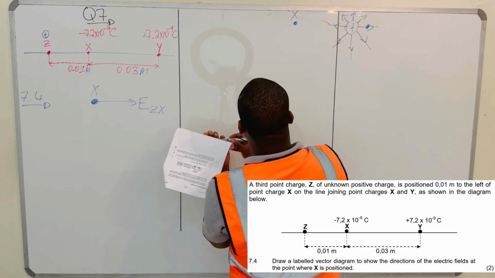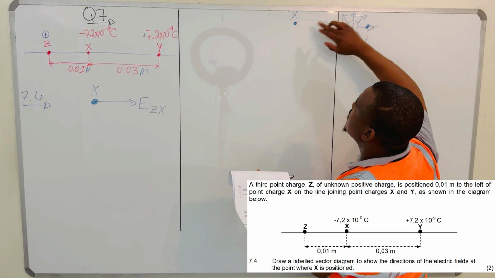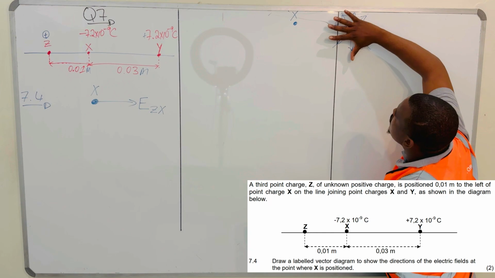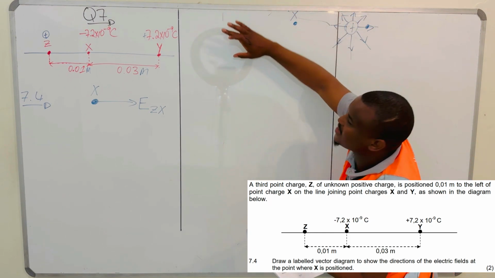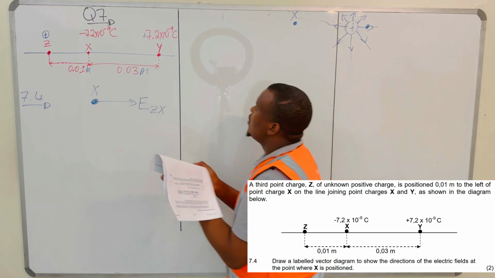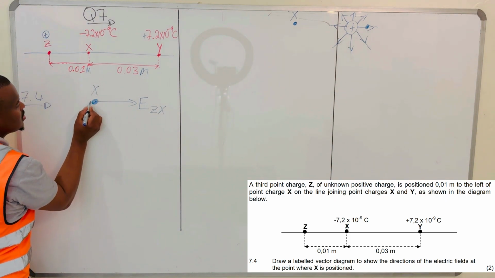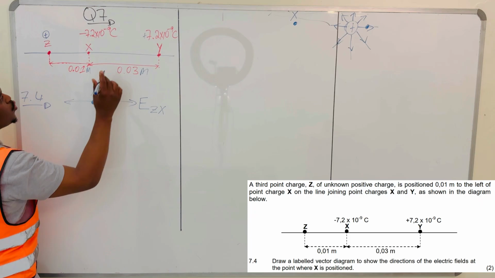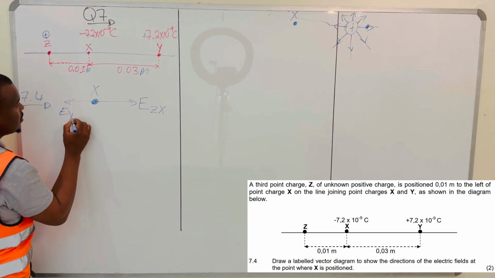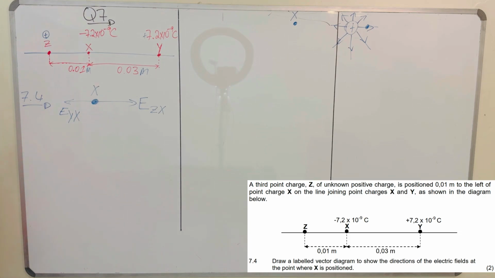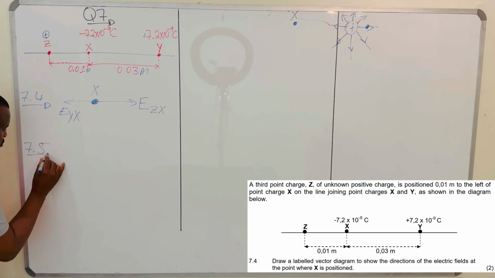The field lines go out in all directions, so the field you experience from Y will be towards that direction. So the electric field at X due to Y will be in this direction. This is the electric field of Y on X. This is how I'll draw it, and I'm done here. So I'll go to 7.5, the last question.